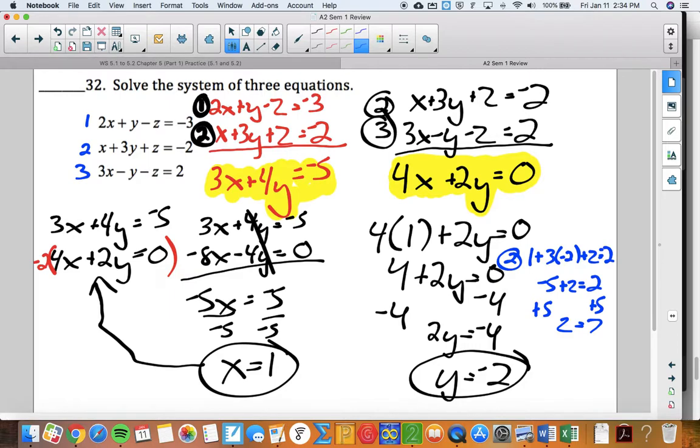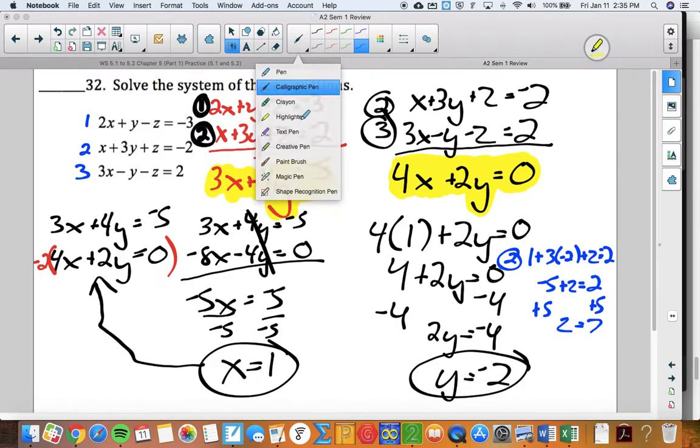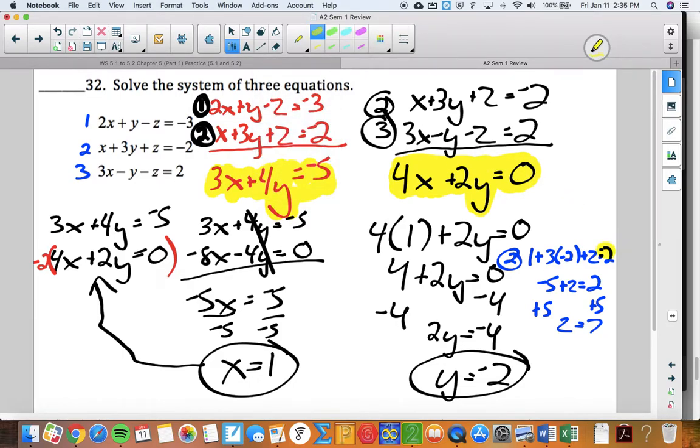Oh, I made a mistake. This is why you show your work, folks. I made a copying mistake. Part of it was a squeeze for time. That's a -2, and then I didn't bring down a -2. I brought down a +2.